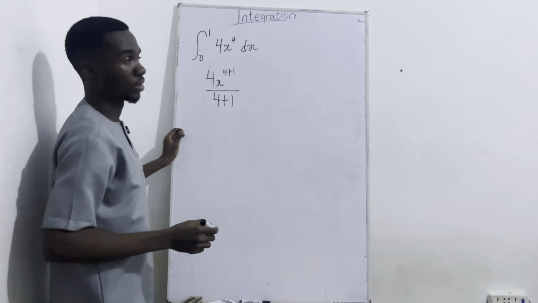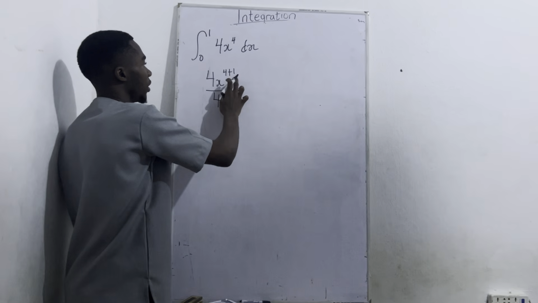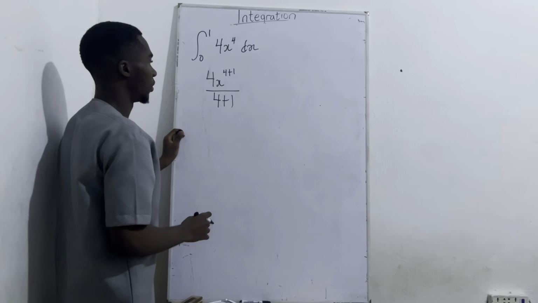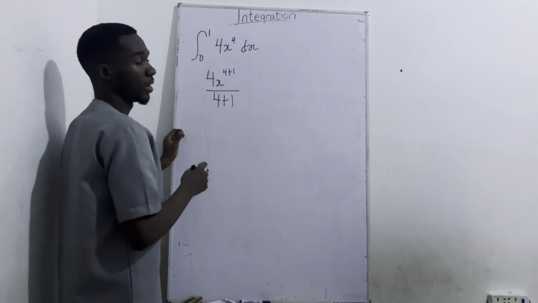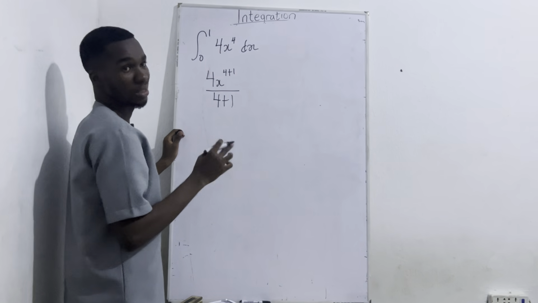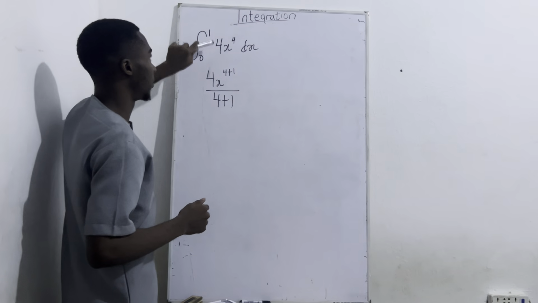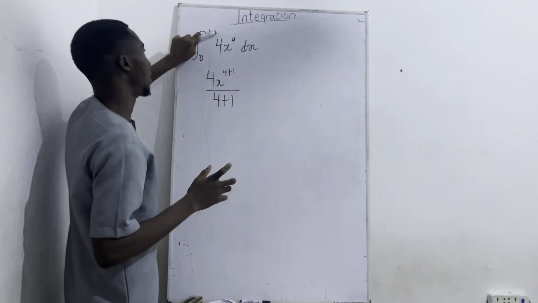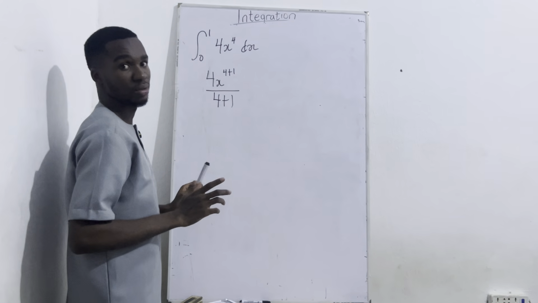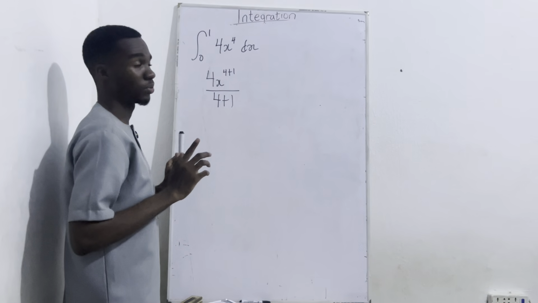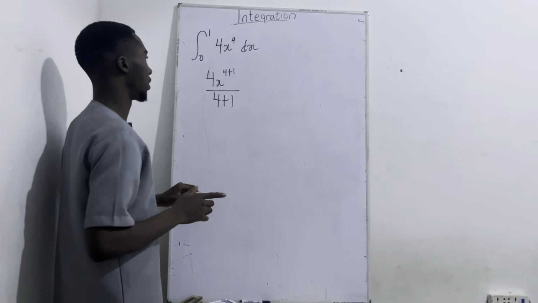I hope you've not forgotten. You add 1 to the exponent. Whatever you get, you divide it by the same thing, so over 4 plus 1. But this time, you don't add plus c. So put it in your head. You only add plus c when there are no limits, no numbers. That's for the indefinite. And when you see numbers here, don't add plus c. If you add plus c, your answer will be wrong. So please don't forget, don't add plus c.